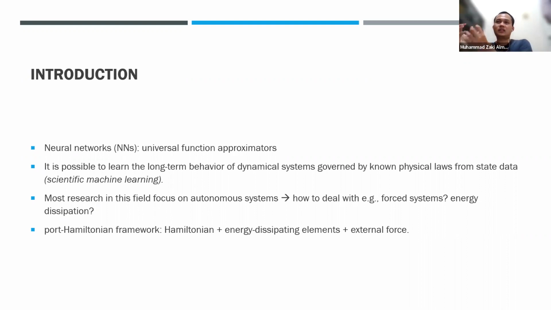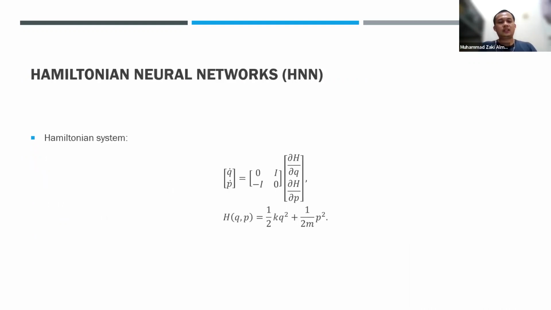There is a good chance that each small system has its own energy dissipating elements, and we can treat the external force as the port connecting one small part to the other. So this is basically the Hamiltonian system.